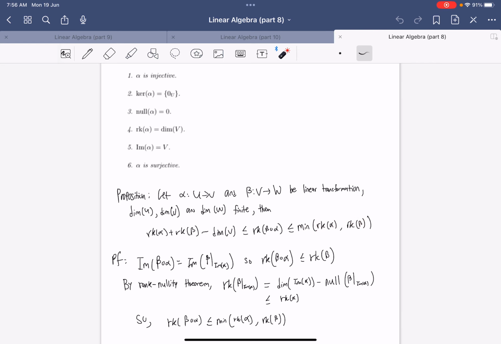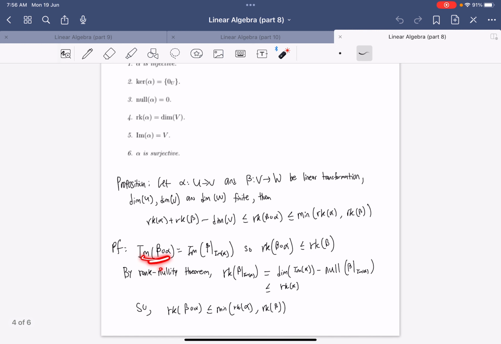And why is this so? Well, the image of beta composed with alpha is just beta restricted to the image of alpha, and so the rank of beta composed with alpha must be less than or equal to the rank of beta.